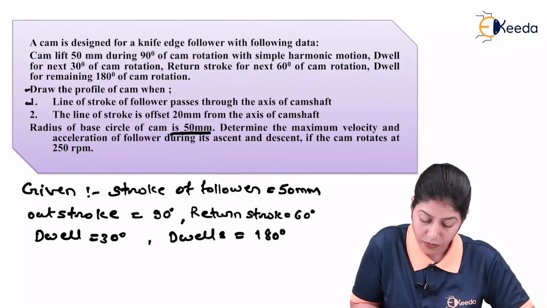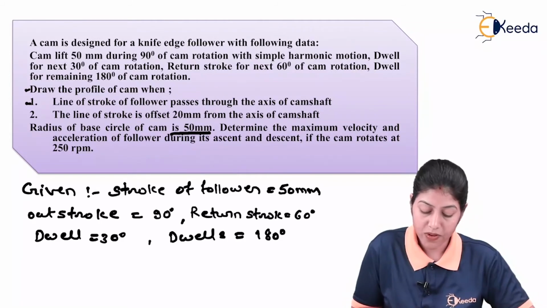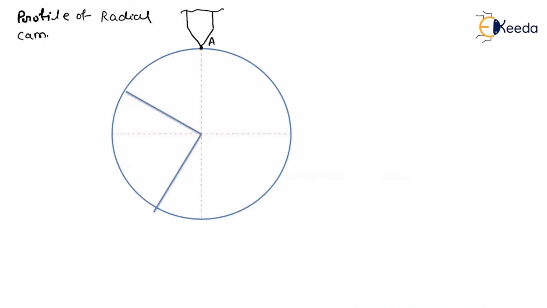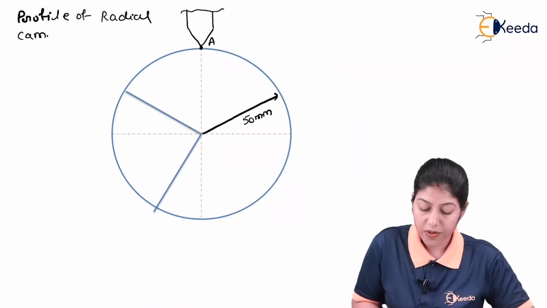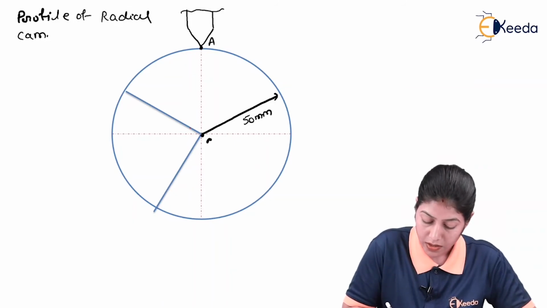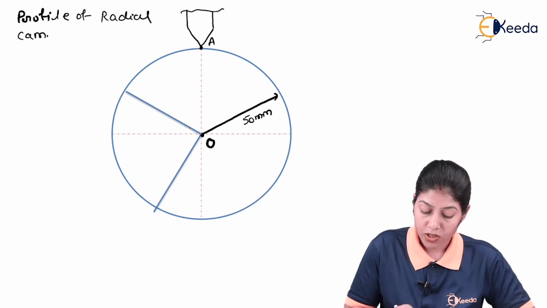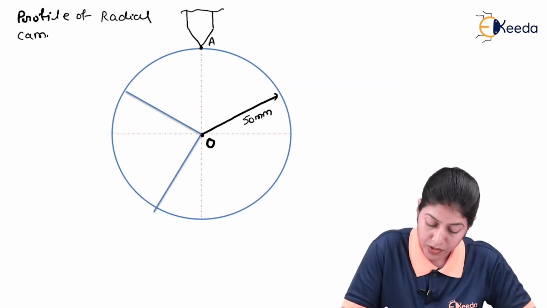So we will first draw the circle with 50 mm radius, and then we will mark the trace point A, which is the connecting point of the follower and the cam. So first we will draw a circle with center O and radius 50 mm. Now for the first condition, this should be the position of the follower.